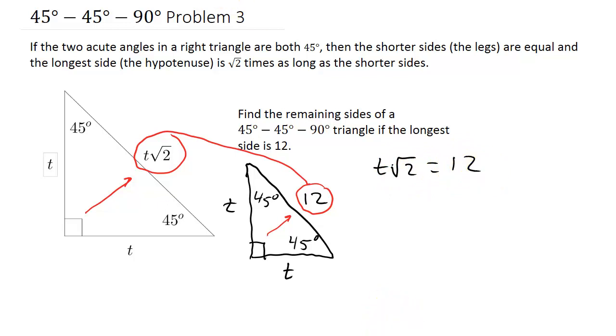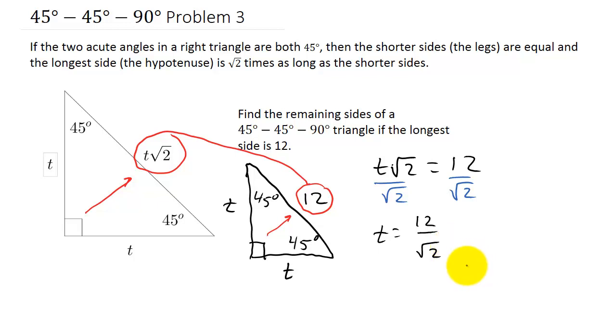So I can divide both sides by square root of 2. And so that gives me T equals 12 over the square root of 2.